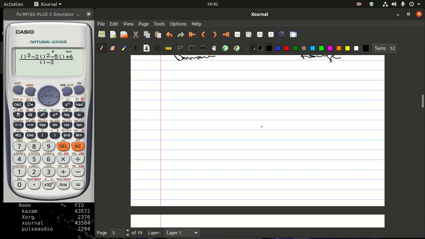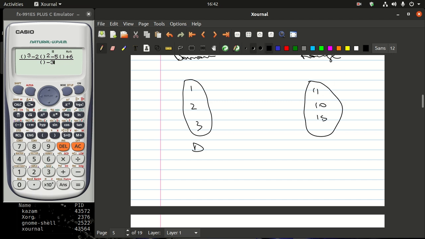Now, another one will be: you have a set of things here. We have a D, you have 1, 2, 3, and on this side you have 11, 10, 15, and 16. Let me put it like that. And now this is mapped there, this is mapped there, this is mapped there.